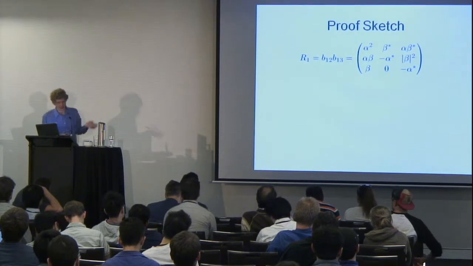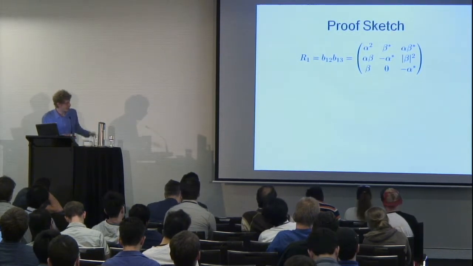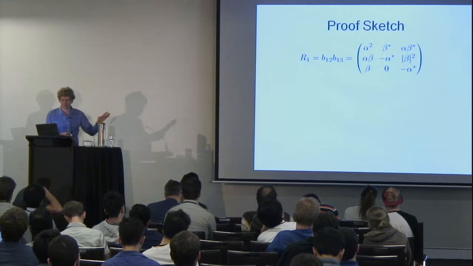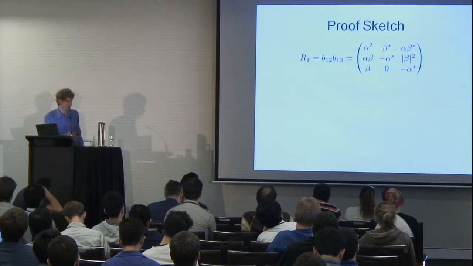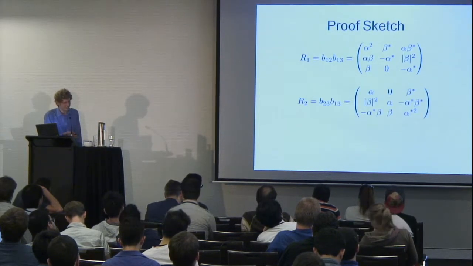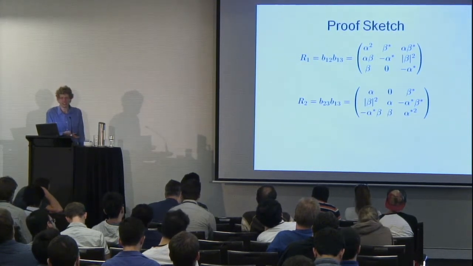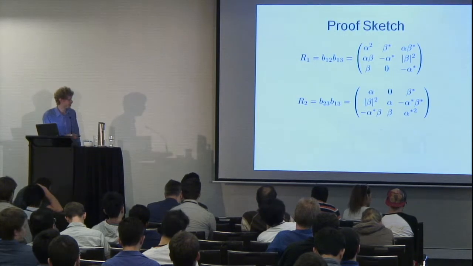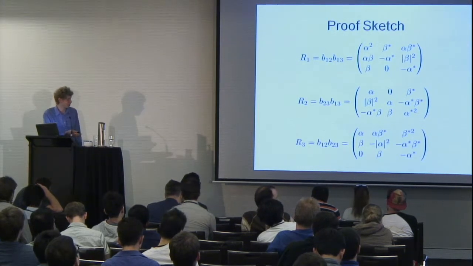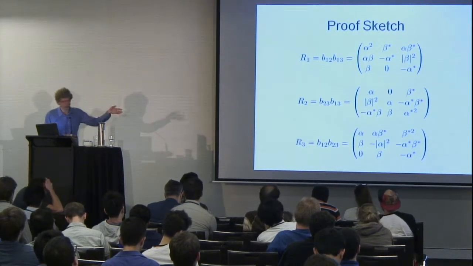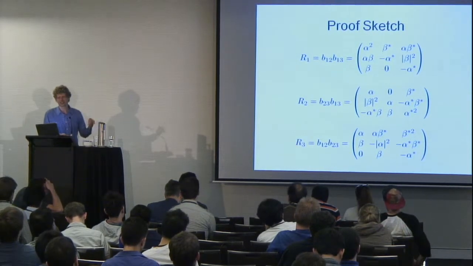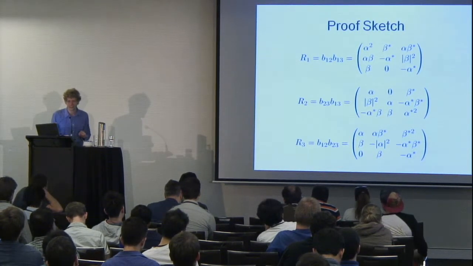Let's call that R1. Here alpha and beta are just the parameters of the original beam splitter, in case that was unclear. Then we consider applying it to, say, modes 1 and 3, and then 2 and 3, to get another unitary matrix at our disposal. And then we do a third one. You could come up with more combinations than this, but these 3 matrices will actually suffice for our proof.